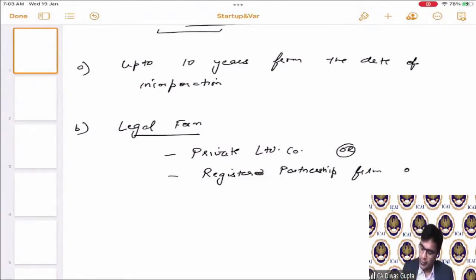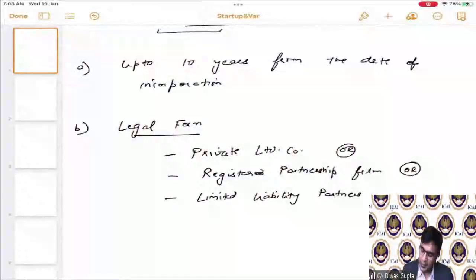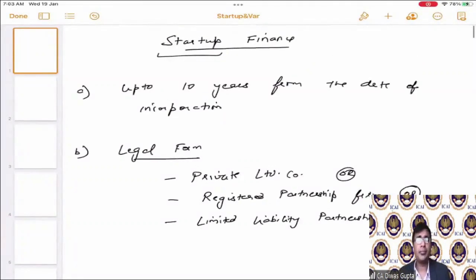That is also okay, because generally partnership firms don't operate on a very high level, and similarly private limited companies as well. And the third form is actually a partnership only, but a limited liability partnership, LLP. This also needs to be incorporated and registered before it can come into existence. So these are the three valid legal forms of a startup.